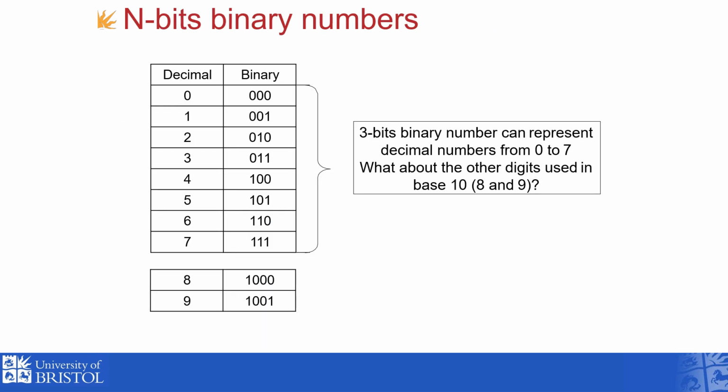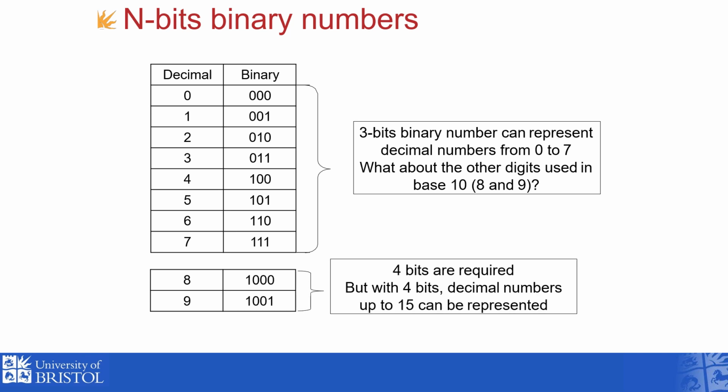Now, we saw that with 3 bits, you can symbolize numbers from 0 to 7. What happens if you would like to somehow write down the equivalent of number 8 and number 9? Well, the answer is that you cannot do that unless you add a 4th bit.